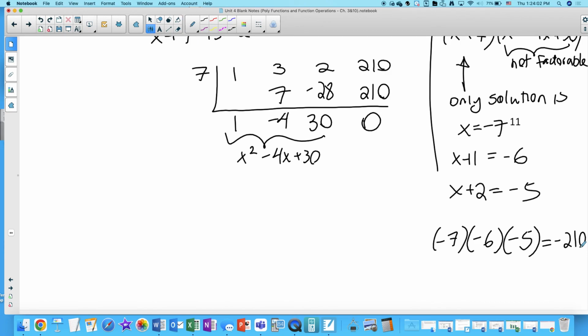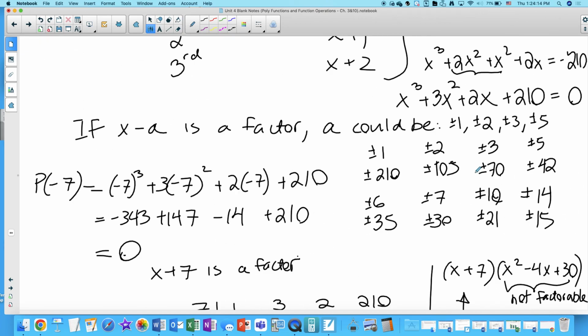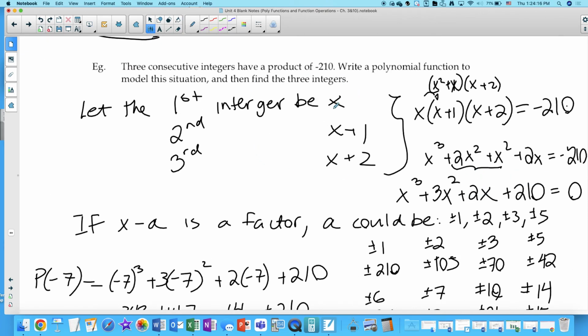Yes? The x plus 2, the x plus 1 and x plus 2? Right? Because the 3 original integers were, first is x, second is x plus 1, third is x plus 2. So far, the answers to the question are, what are the 3 integers that work?